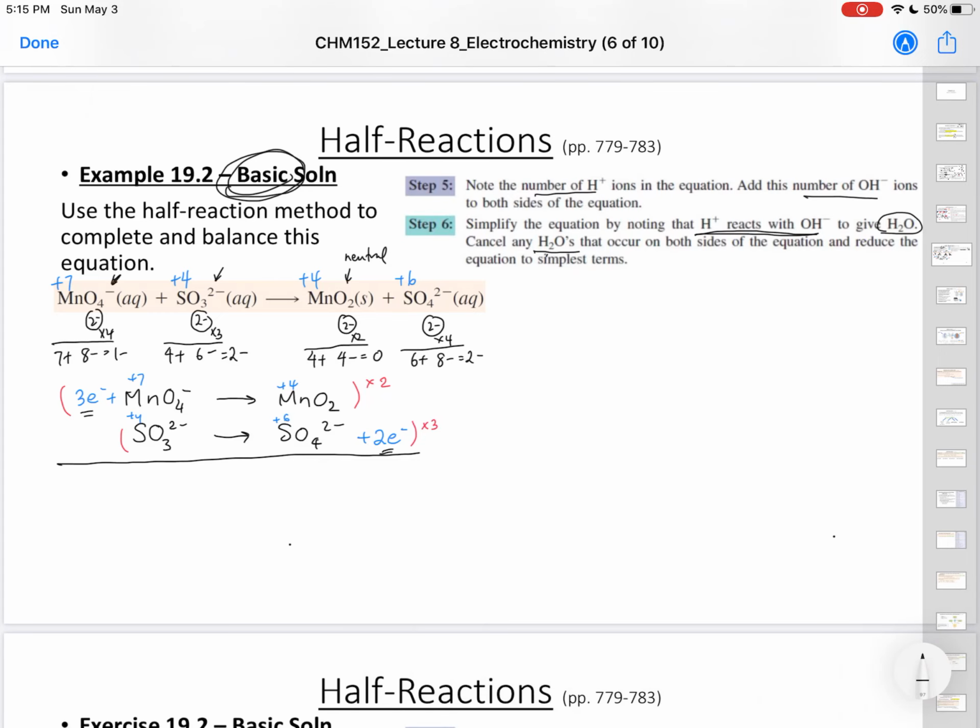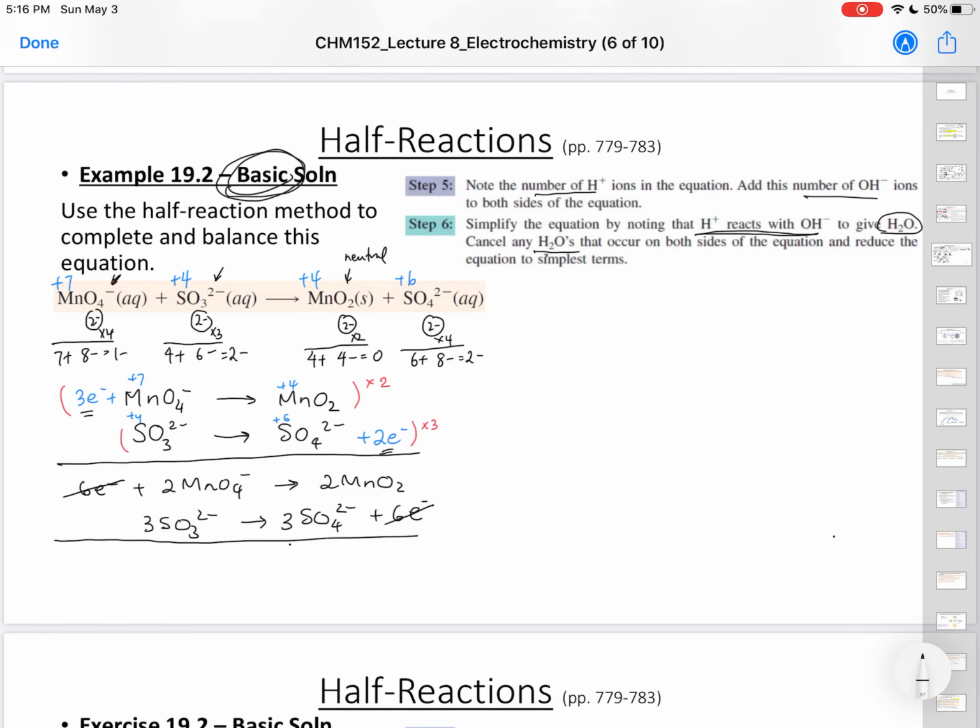So I'm just going to rewrite it all. 2 times 3 is 6 electrons plus 2 times MnO4 minus gives me 2MnO2. And multiplying the second by 3, I get 3SO3 2 minus gives 3SO4 2 minus and 6 electrons. This allows me to cancel out my 6 electrons on each side.